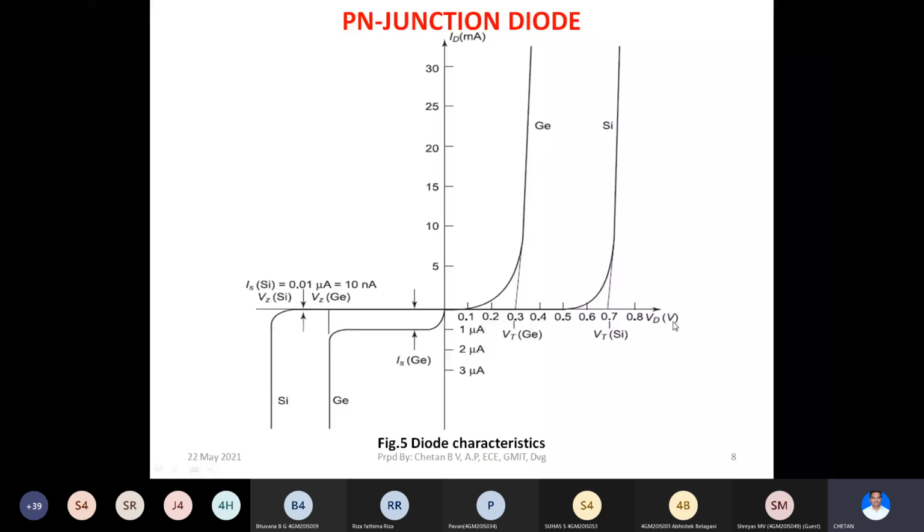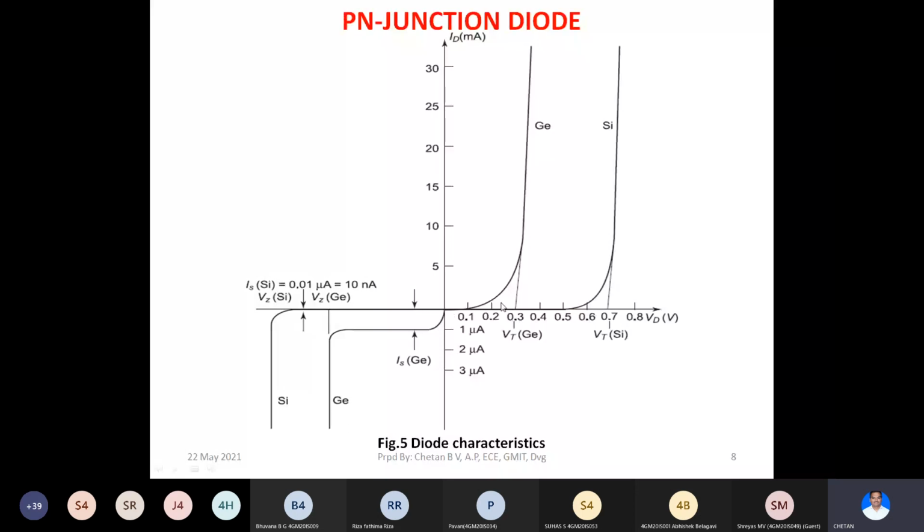As you know, for a germanium diode there is something called the knee voltage, which is around 0.3 volt. Therefore, when you start increasing the voltage in the forward bias condition, almost till this knee voltage or threshold voltage V_T, you will have a very small or negligible increase in current.